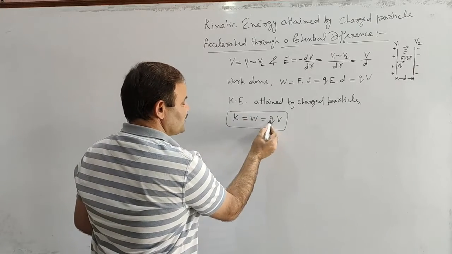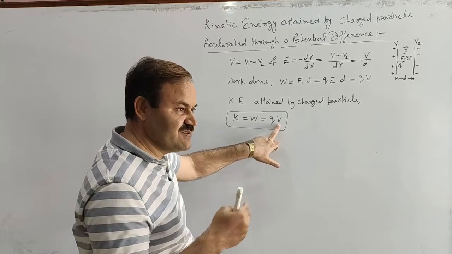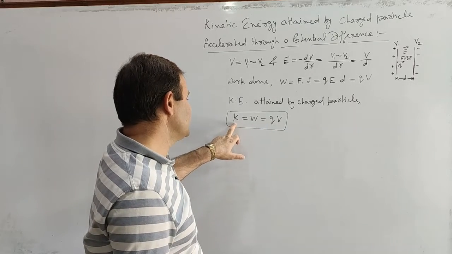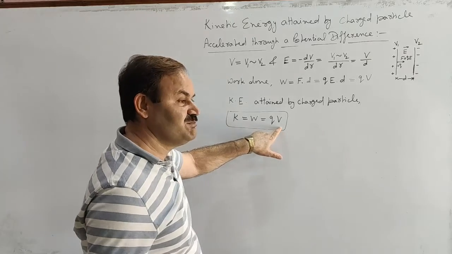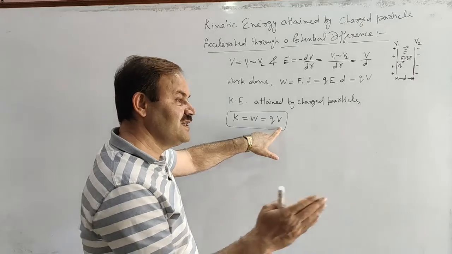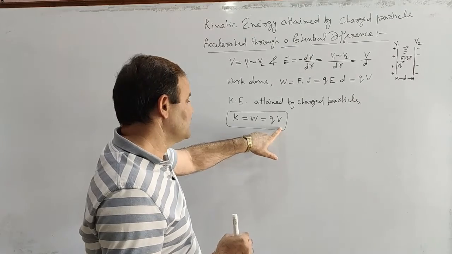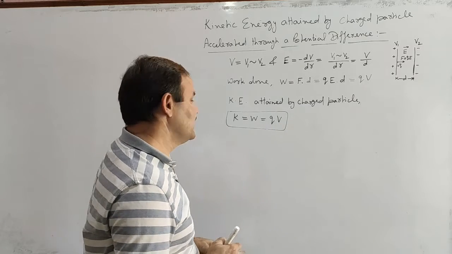Thus, if a charge Q crosses a potential difference V favorably, then it gains a kinetic energy K given by QV. But if it crosses the potential difference V in opposite sense, then it will lose a kinetic energy equal to QV.